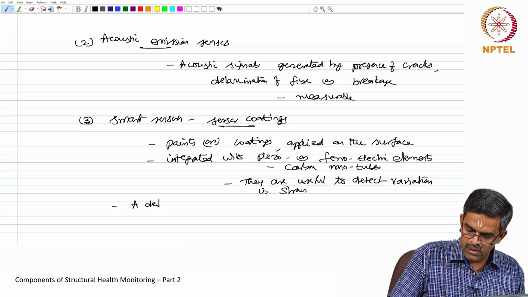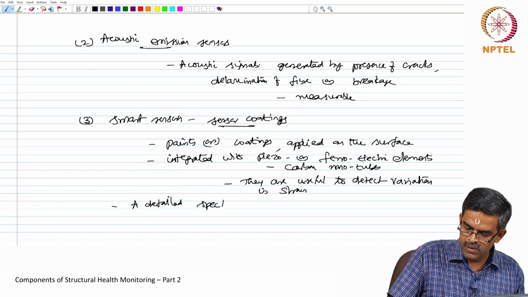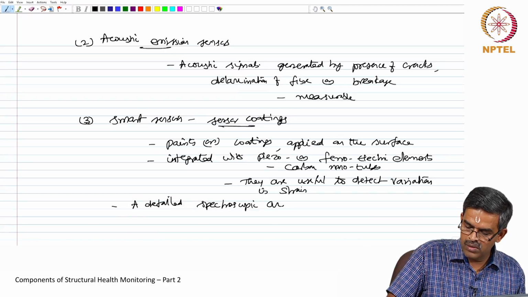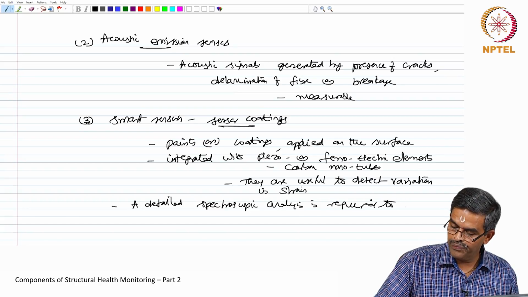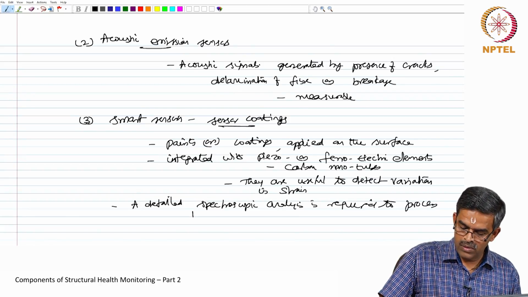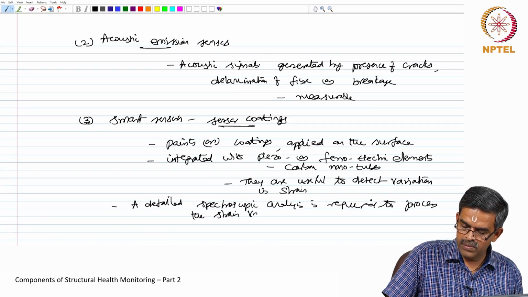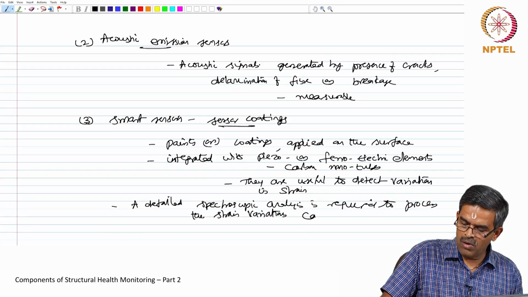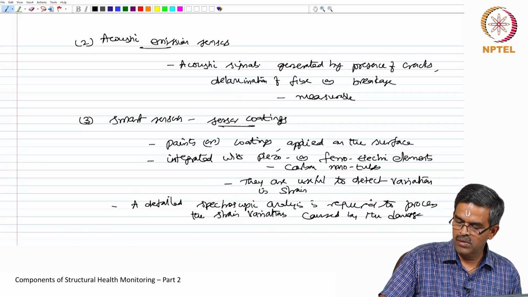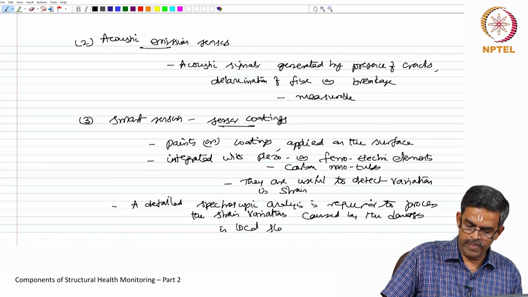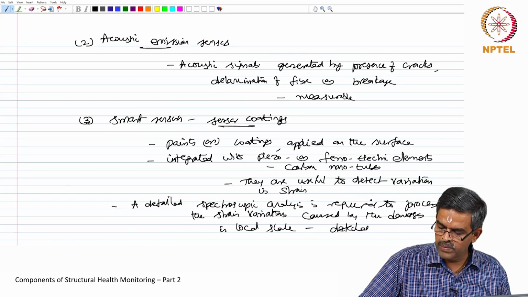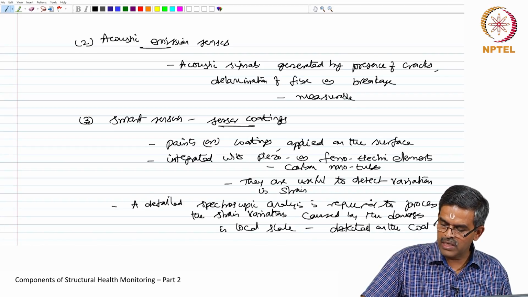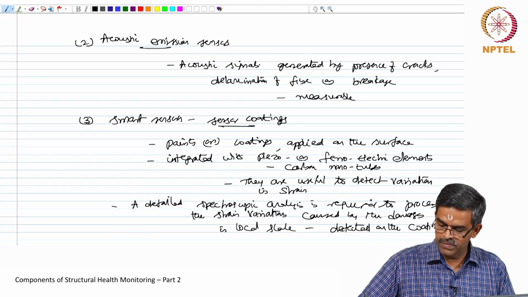So, a detailed spectroscopic analysis is required to process the strain variations caused by the damages in local scale. They will be the damages detected on the coatings which actually indicate the strain variations.